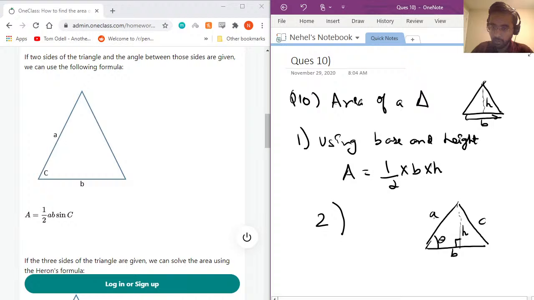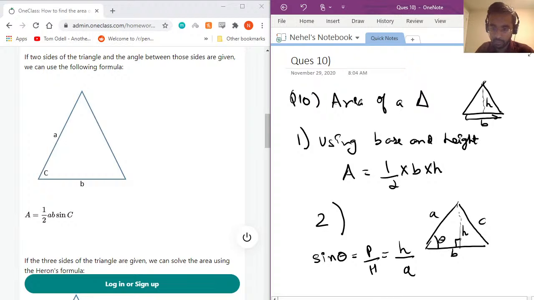So let's say I wanted to express it in terms of A. We know that the sine of an angle is the perpendicular divided by the hypotenuse. So sine theta is equal to perpendicular upon hypotenuse, which in our case is h over A.